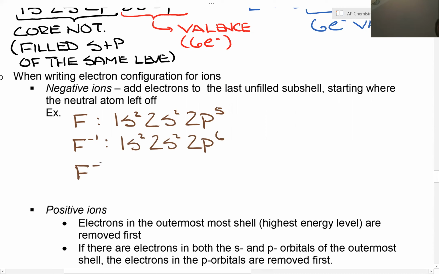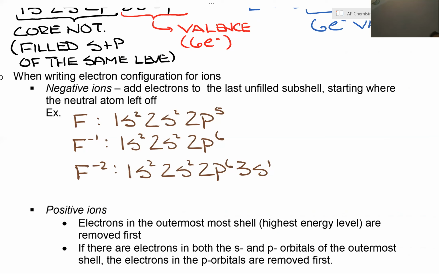Now let's say fluorine minus 2. It'd be 1s2, 2s2, 2p6, 3s1. Notice I added to the new energy level, because the p orbital can only hold 6 electrons. Once it's maxed out, you have to start a new row.